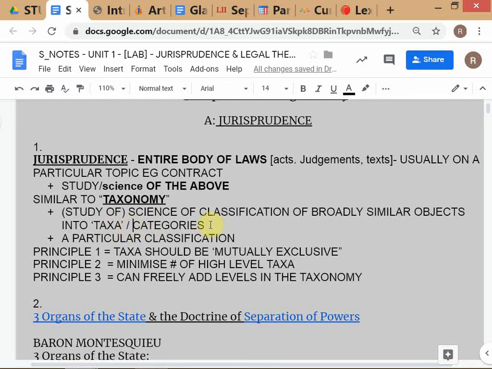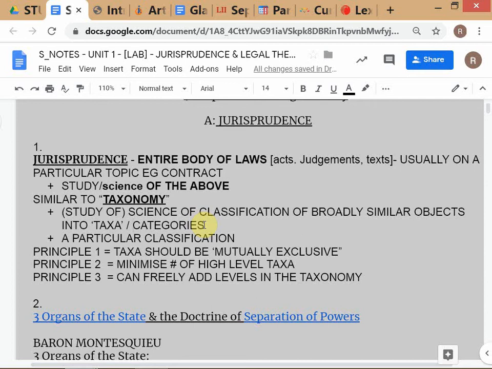So in this example, if I have classified VIP students into LLB, LLM, MCA, BCA, in this case I have 4 taxa. If I classify them into male and female, I have only 2 taxa. Clear? Wearing glasses, not wearing glasses, again 2 taxa. So whatever taxa I have, the categories should be mutually exclusive.